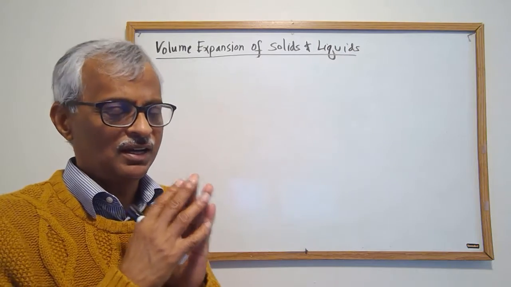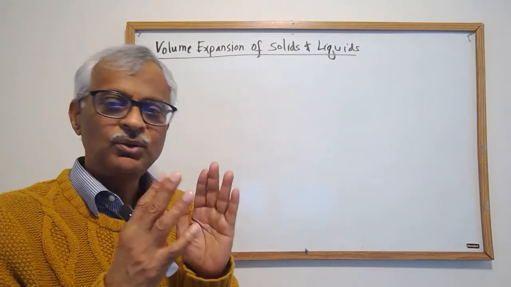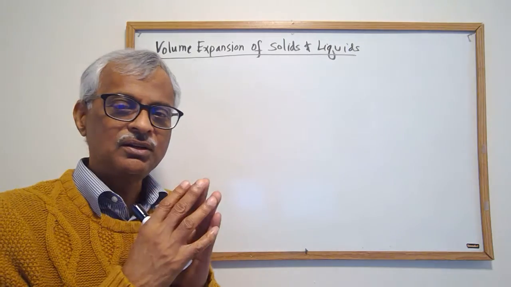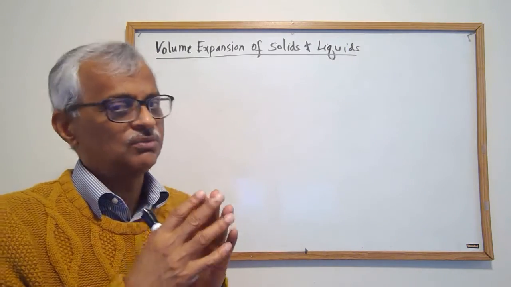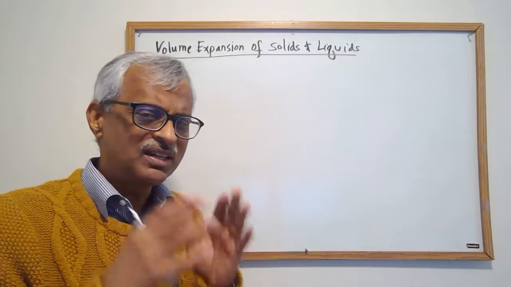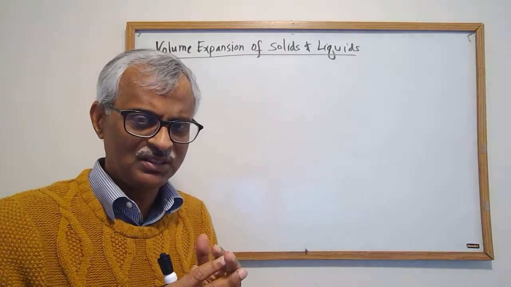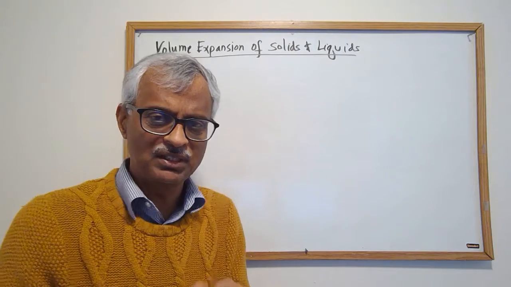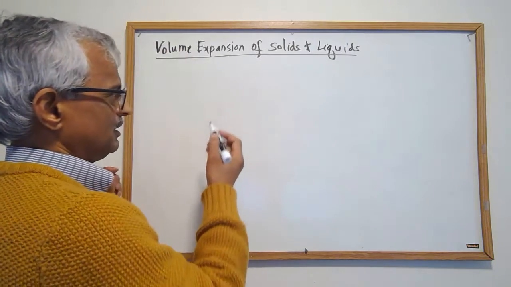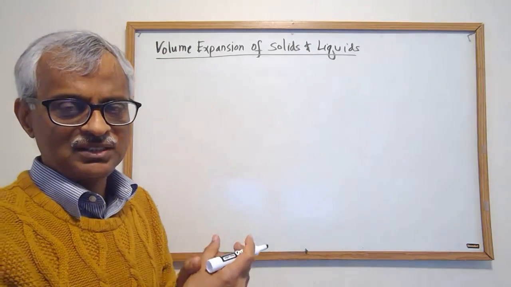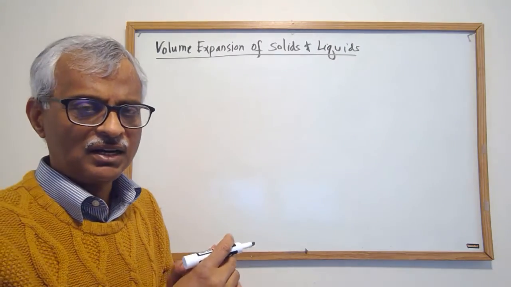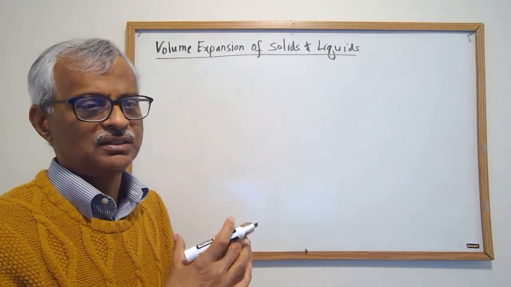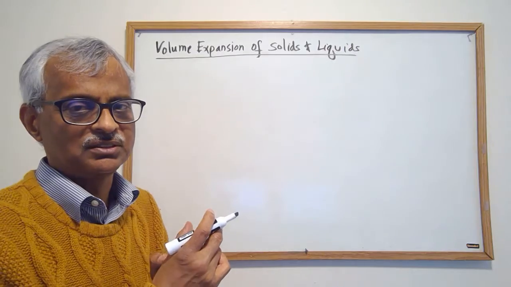We can make our task even simpler. Look at a cube and see how the volume will expand. It turns out you don't need more than linear expansion. The listed linear expansion alpha, that's all you need if you have a solid. But if you have a liquid, you will have a separate table of volume expansion coefficient.